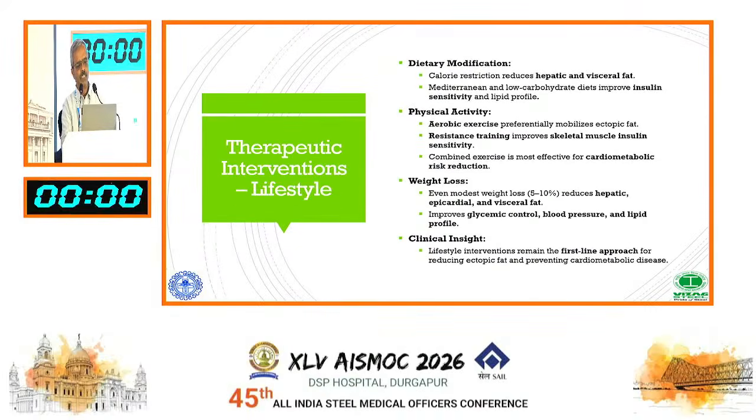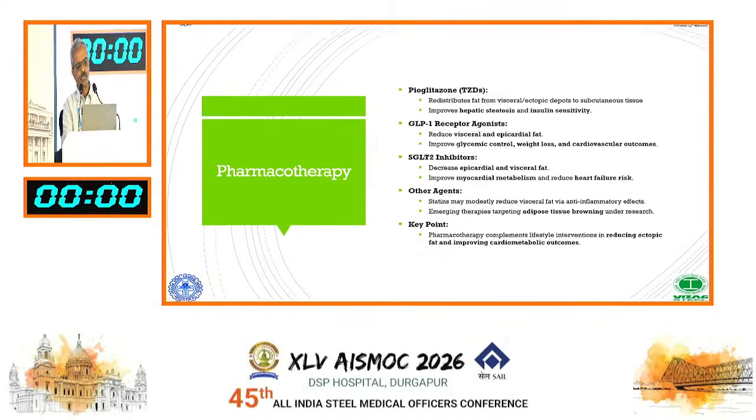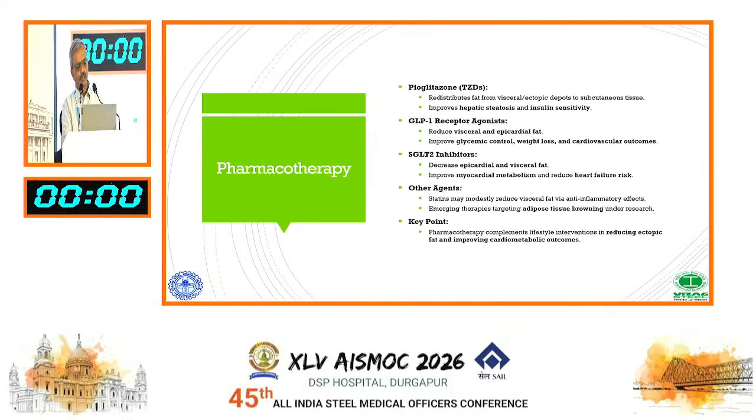Therapeutic intervention is dietary modification, physical activity, weight loss, and clinical insight. Pharmacological interventions: pioglitazone leads to redistribution of fat from visceral and ectopic deposits to the subcutaneous tissue, improving hepatic steatosis and insulin sensitivity. GLP-1 receptor agonists reduce visceral and ectopic fat, improve glycemic control, weight loss, and cardiovascular outcome.